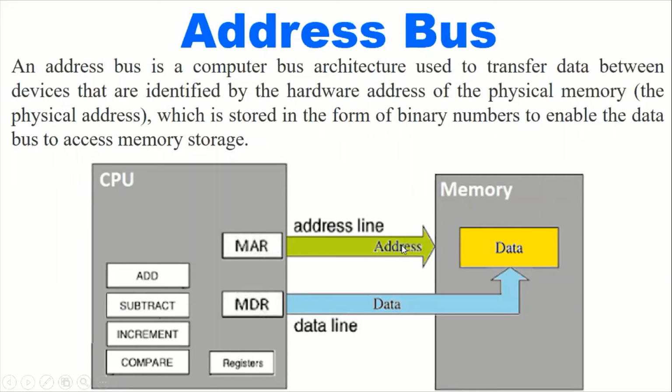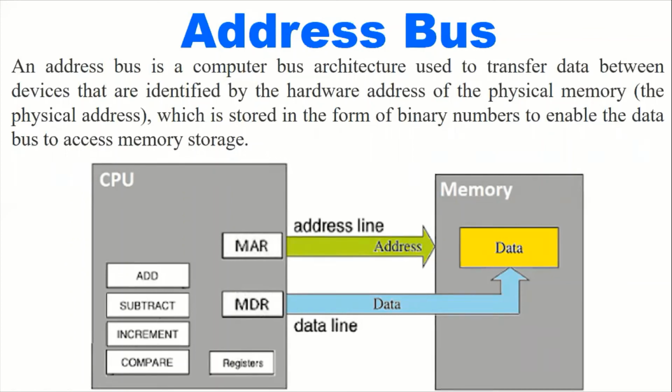We can see the data address is moving towards the address bus and stored in the MAR, while the actual data which has to be processed in the CPU is moved through the data bus, and it will be stored in the CPU register, that is the memory data register.